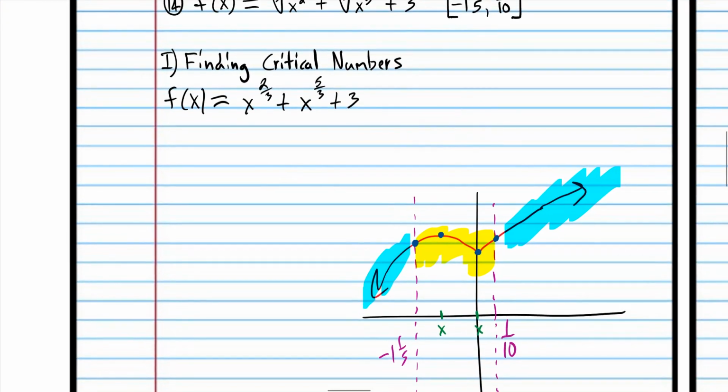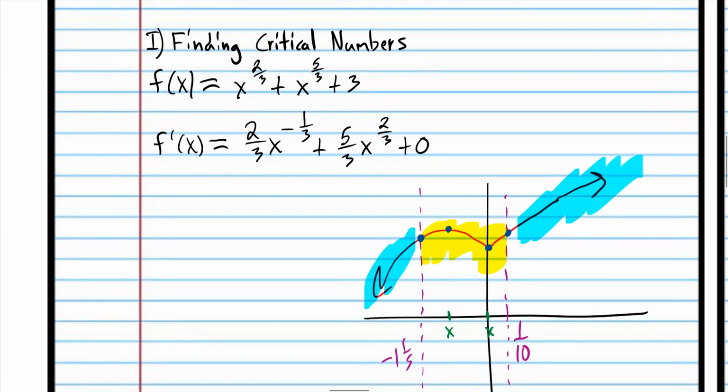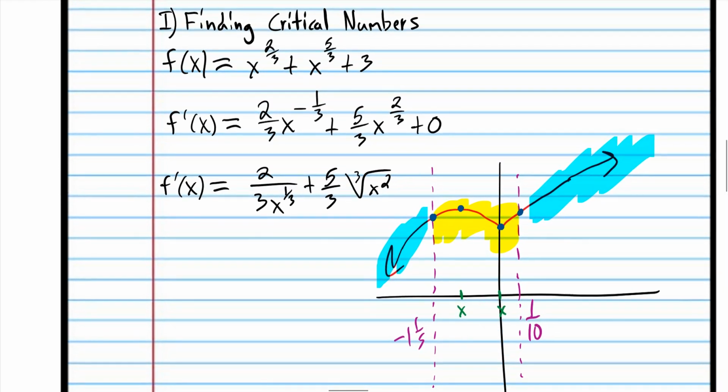So we're going to find the derivative of the function. Derivative of 3 is 0. Now, we don't know how to interpret that expression, so we're going to use exponent rule number 8 to bring that negative exponent down, and exponent rule number 10 to change 2/3 power to the cube root of x squared.